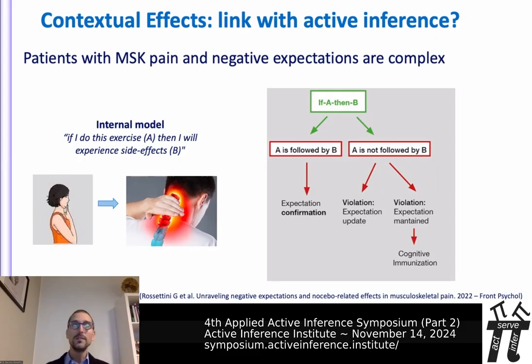One adaptive, ideal, where patients update their expectation and their internal model, and a dysfunctional one, where the patients consider this violation as an exception to the rule, or as a result of chance, and therefore maintain it. This is referred to as a cognitively immunized patient. We suggest that such differences in updating responses can be understood, at least to some extent, from a Bayesian perspective.